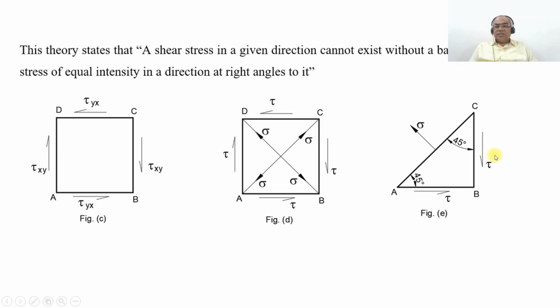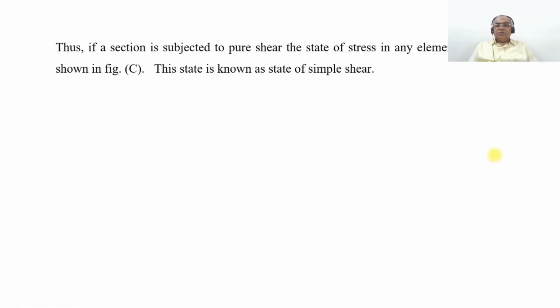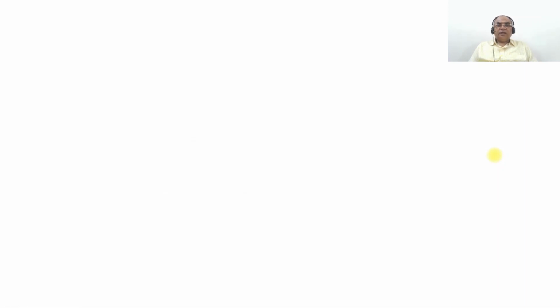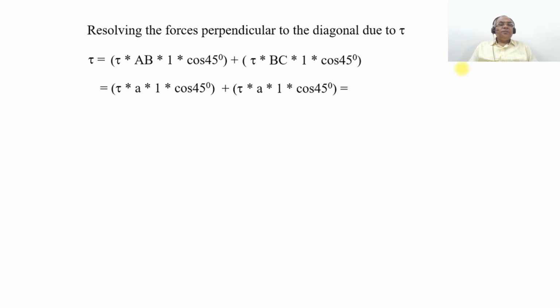So that is what we showed here. That is tau into AB into 1 into cos 45 plus tau into BC into 1 into cos 45, which will give 2 tau.